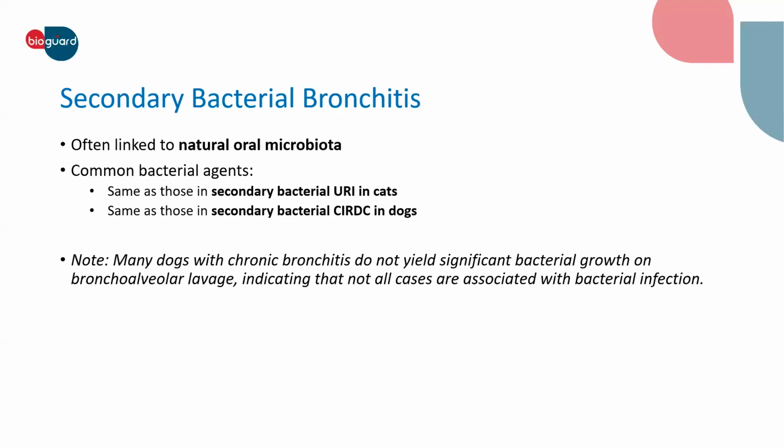One thing to pay attention to is that many dogs with chronic bronchitis do not have significant bacterial growth on bronchoalveolar lavage, indicating that not all cases are associated with bacterial infection.